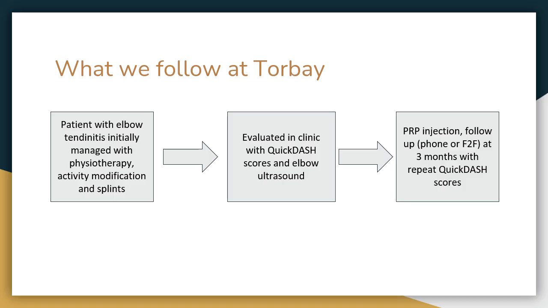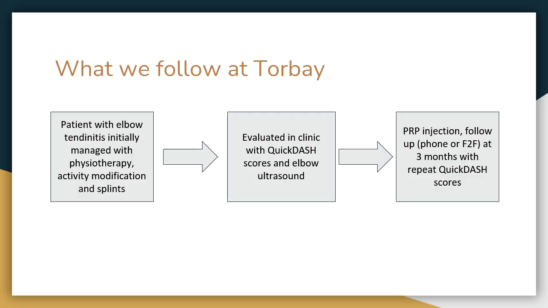If we get convincing signs of tendinitis on the ultrasound, with disorganization of the parallel tendon fibers, we then explain to the patient the benefits of PRP injection, the risk of recurrence, and the other treatment options available.